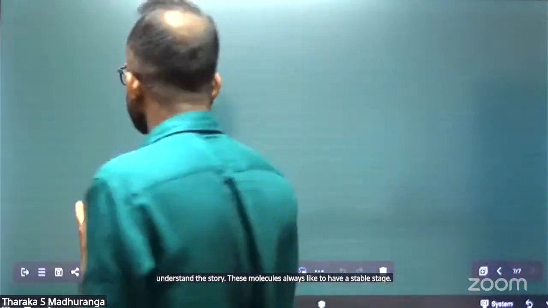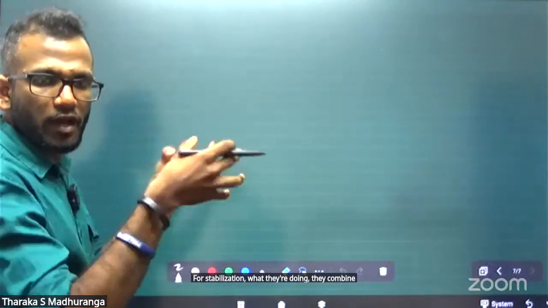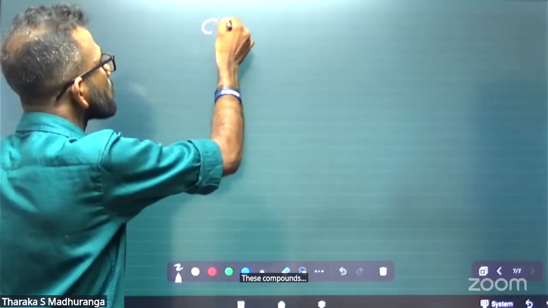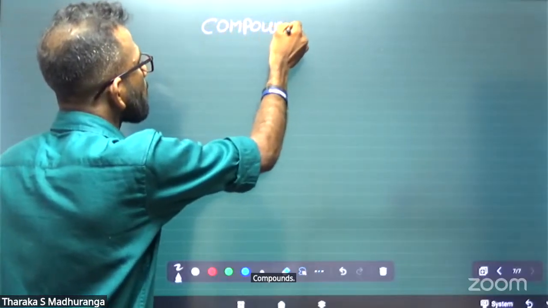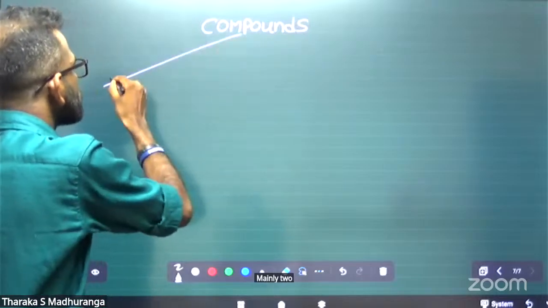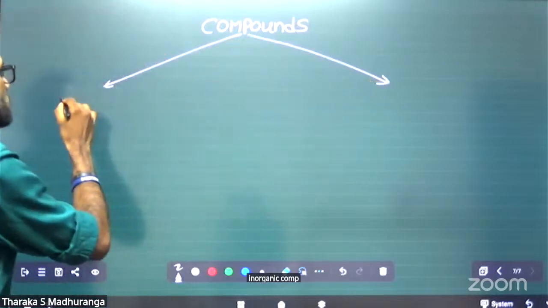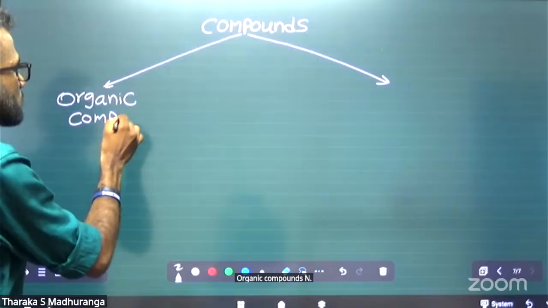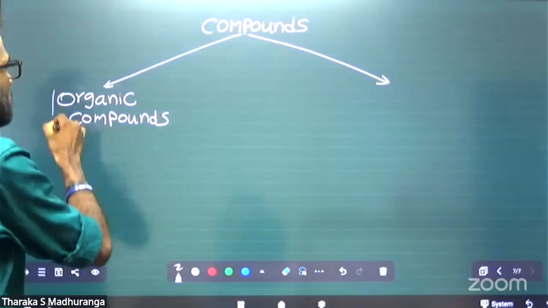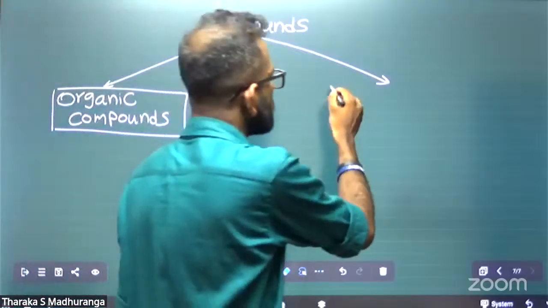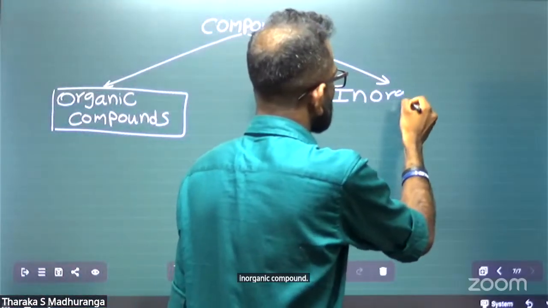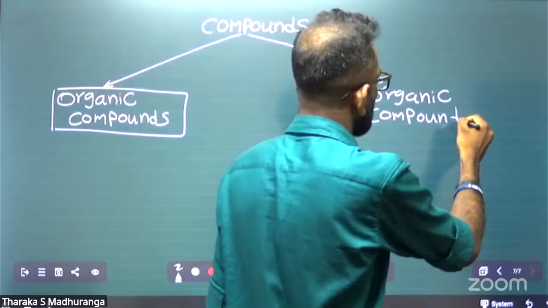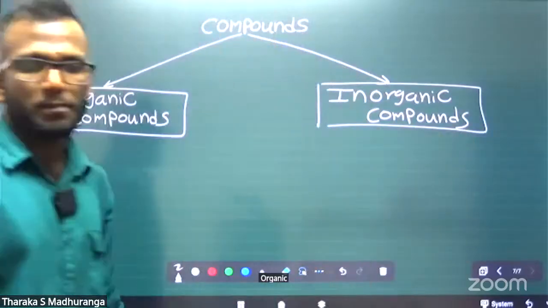For stabilization, they combine with other molecules and convert into compounds. Mainly two types, organic compounds and inorganic compounds.